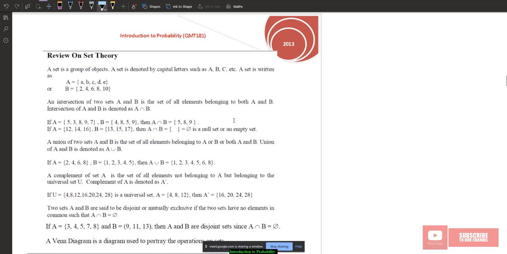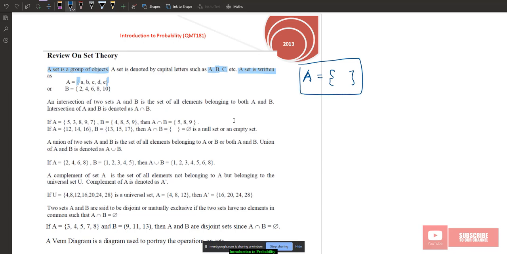A set is a group of objects. A set is denoted by a capital letter: A, B, C, D, E, F, G until Z, and a set is written with brackets. Let's say A is a set. So you have brackets here, and this is considered a set.